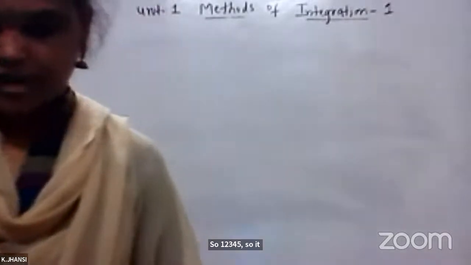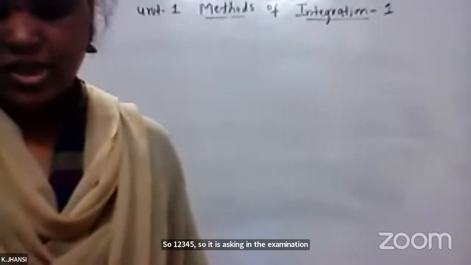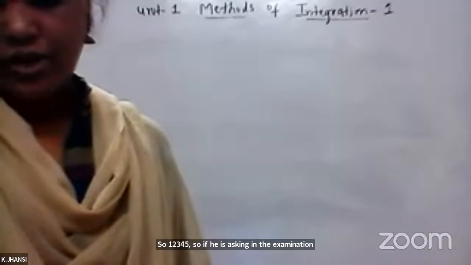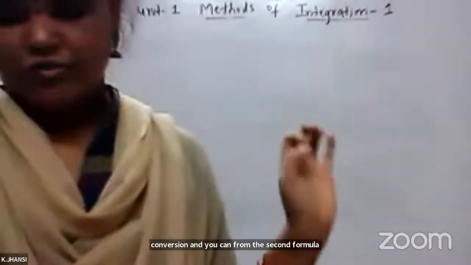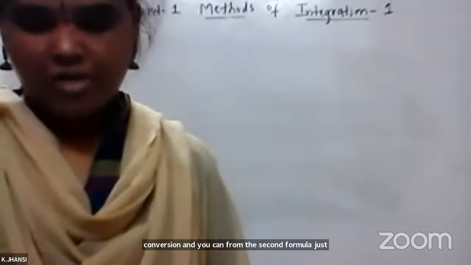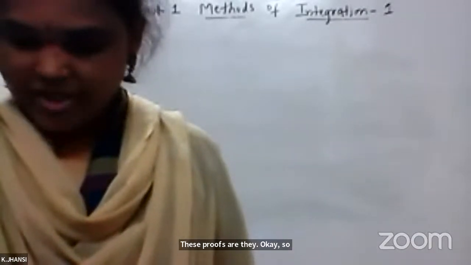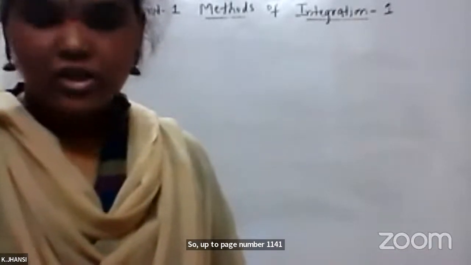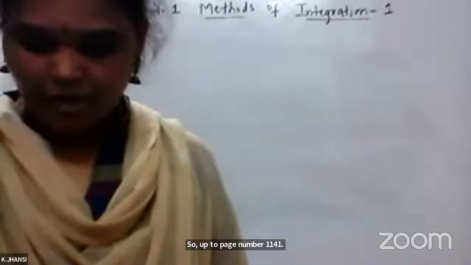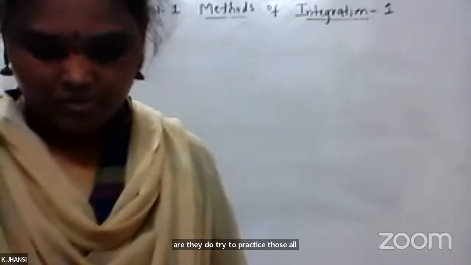If the examination asks for the integration of tan x dx, you can write it in this conversion, and from the second formula we have just seen, the integration of f dash of x by f of x, through that formula these proofs are there. Okay. So up to page number 11, the fourth one. Depending on these formulas only, example problems are there. Okay. Try to practice all those example problems.